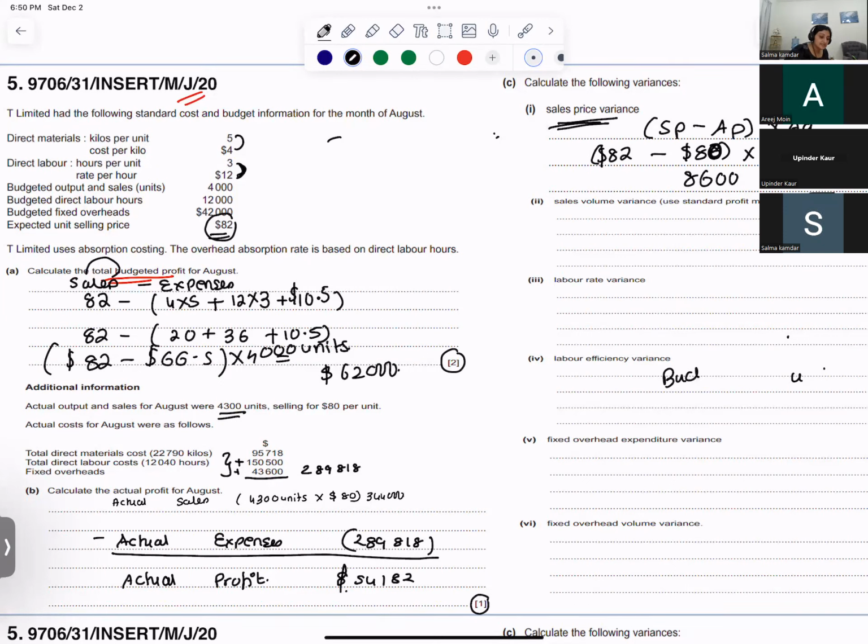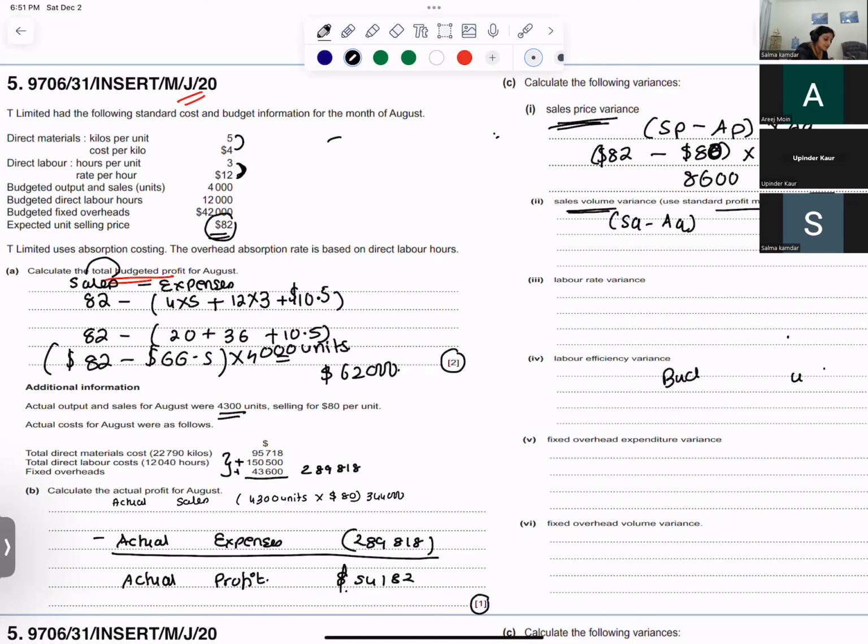Okay. Sales volume variance, but they've given some instructions. Use standard profit margin per unit. What is the formula for sales volume variance? Standard quantity minus actual quantity into standard rate. But do they want you to multiply it with the standard rate?